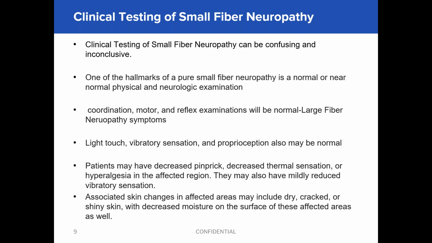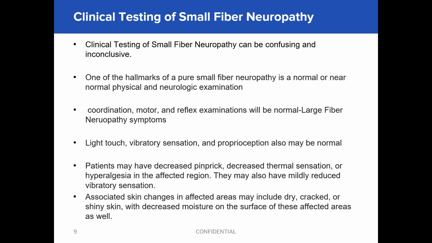Patients may have decreased pinprick, decreased thermal sensation in the affected region, and they might have mildly reduced vibratory sensation, but again, you can't really depend on those. What we're looking at in the skin are those autonomic symptoms. So again, anhidrosis versus hyperhidrosis. Skin changes can include dry, cracked heels.